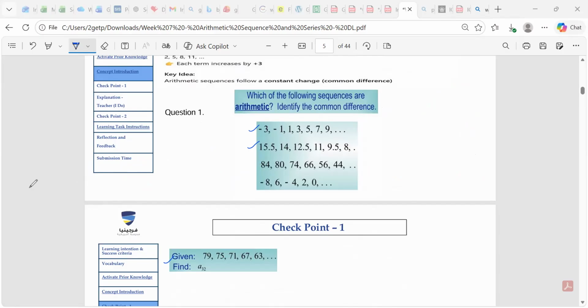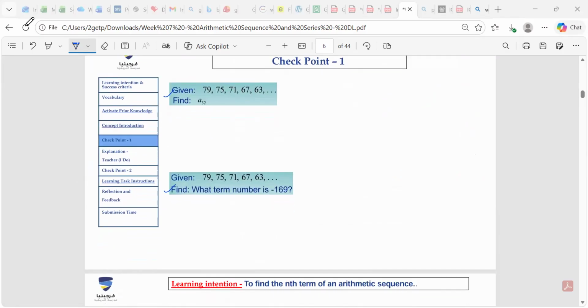Now, the next thing in this topic is how to find the nth term of an arithmetic sequence. So here, 79, 75, 71, 67, 63. I'm just going to write down the nth term formula.